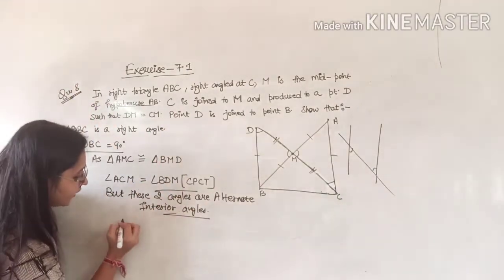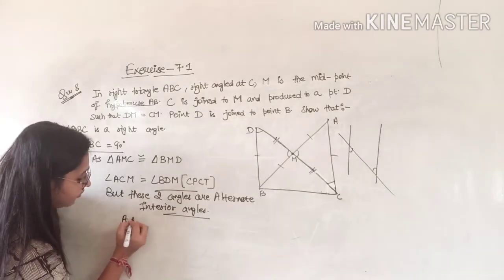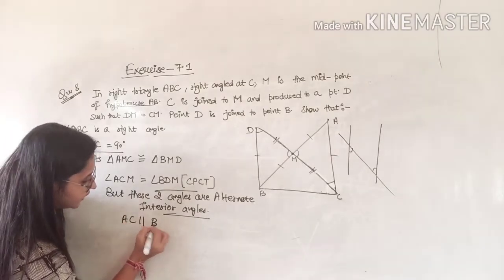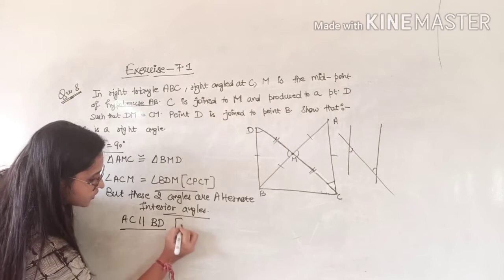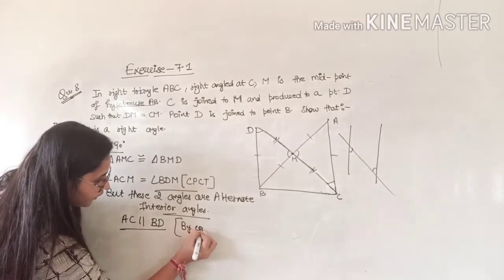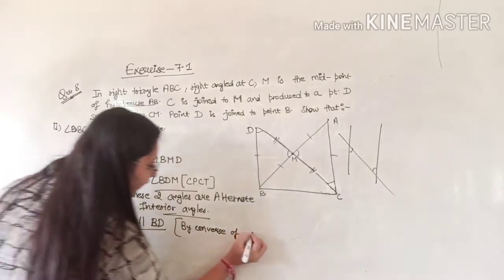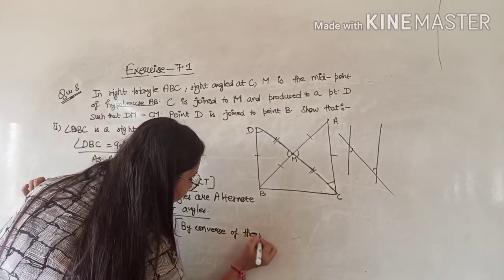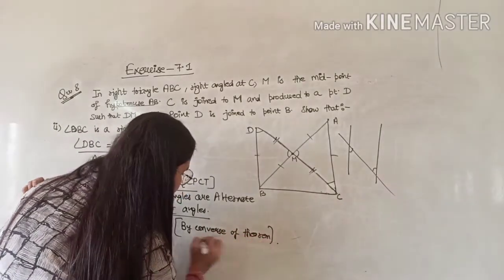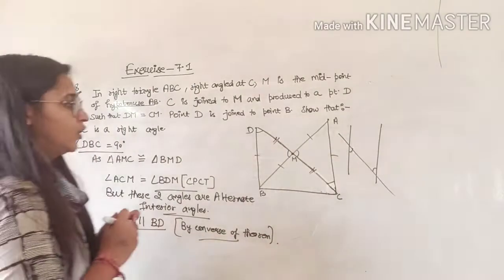So I can write line AC will be parallel to line BD by converse of theorem. And which theorem? Alternate interior angle axiom. So by converse of theorem you can write AC is parallel to BD.